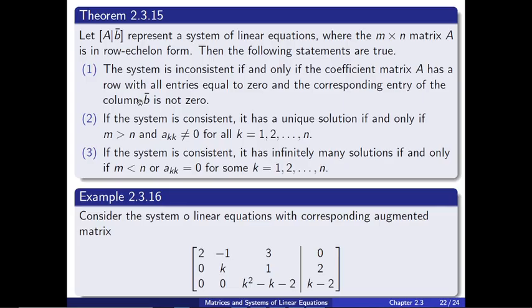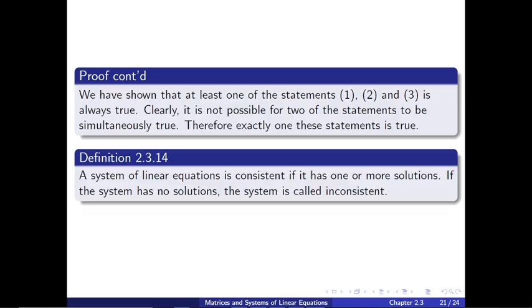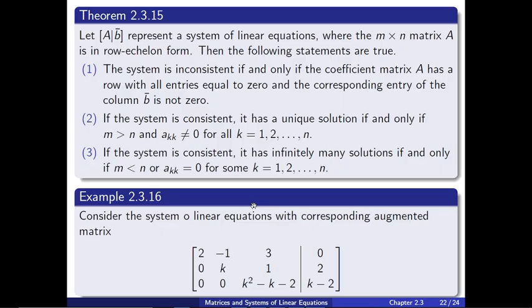So in other words, what it's simply saying here is you will have an equation which says 0 plus 0 plus 0 plus 0 is equal to something that is not 0. So obviously we know that is impossible. So that will tell us that definitely that system has no solution, right? And remember what we said: if it has no solution, we call it inconsistent, right?